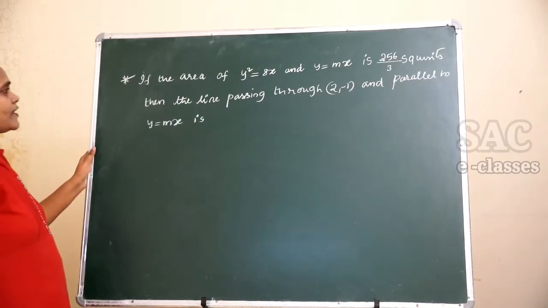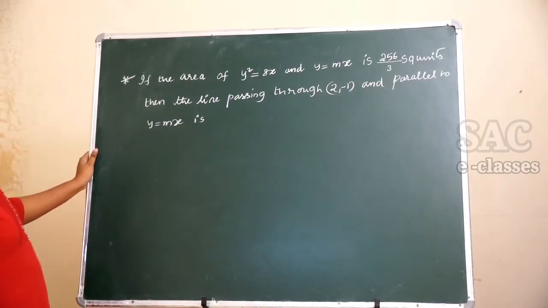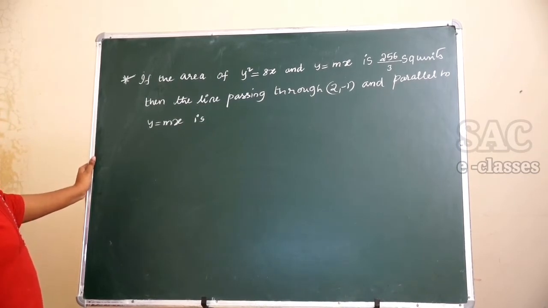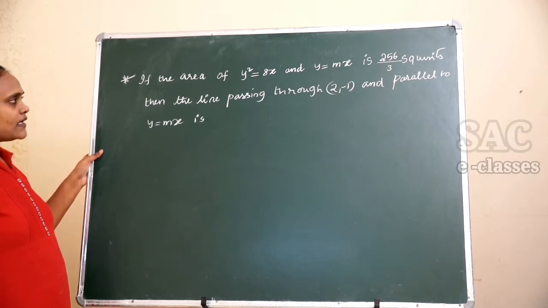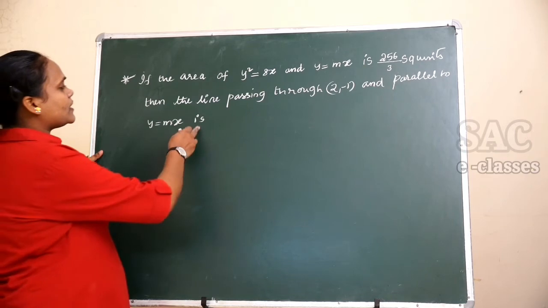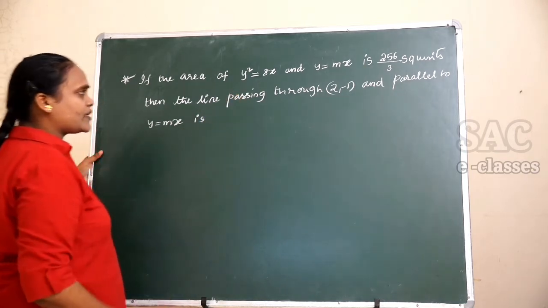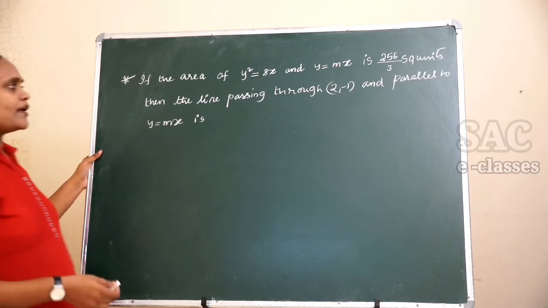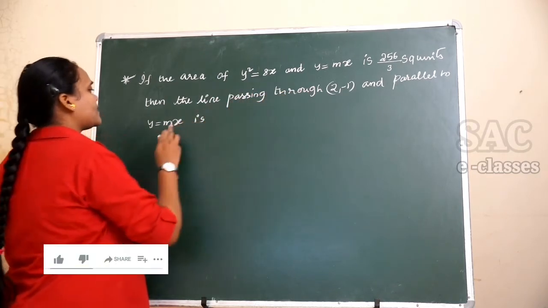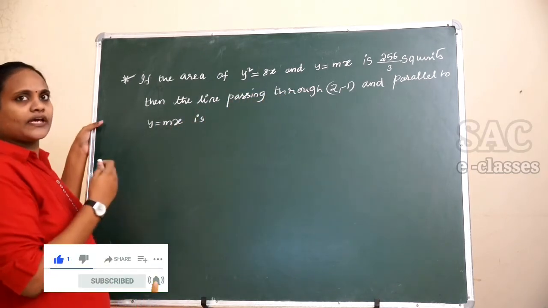Let's see one more interesting problem. If the area of y² = 8x and y = mx is 256 by 3 square units, then find the line passing through (2, −1) and parallel to y = mx. To find the line equation, you need a slope as well as a point. You have a point, but you don't have a slope.